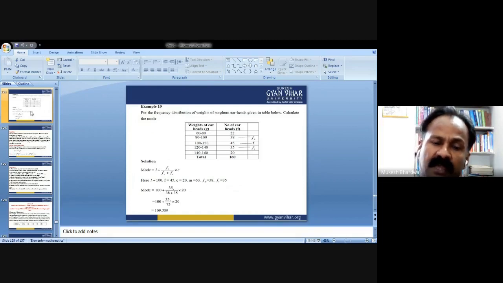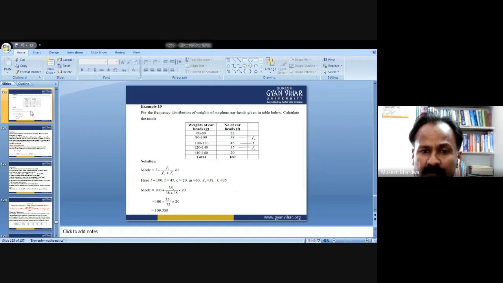now put everything according to the formula. L is the lower limit of the modal class, so L equals 100, and Fm equals 45, that is the highest frequency. C equals the difference of the modal class, that is 120 minus 100, which comes out to be 20.